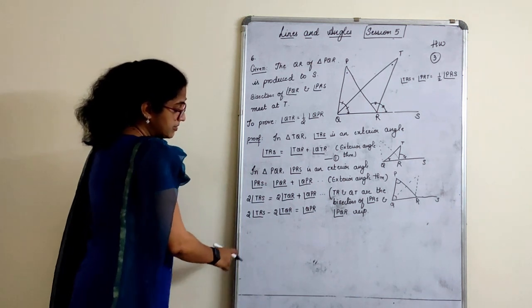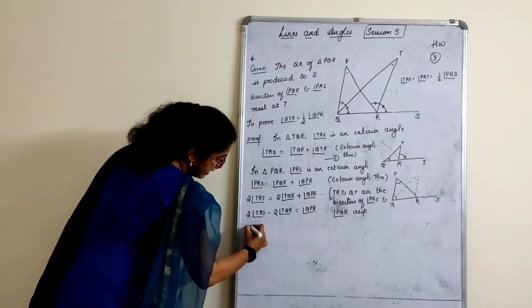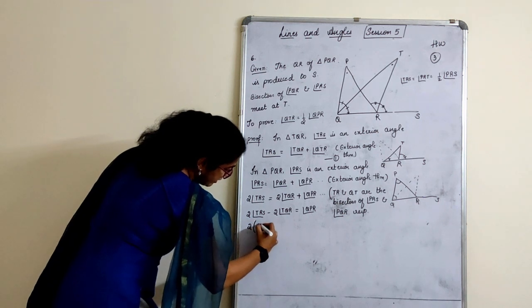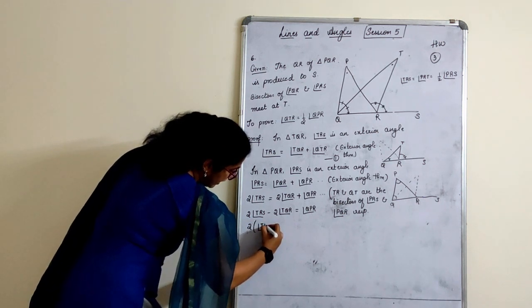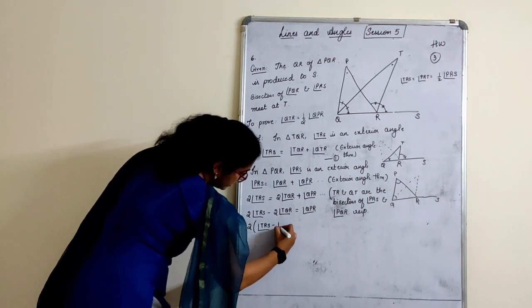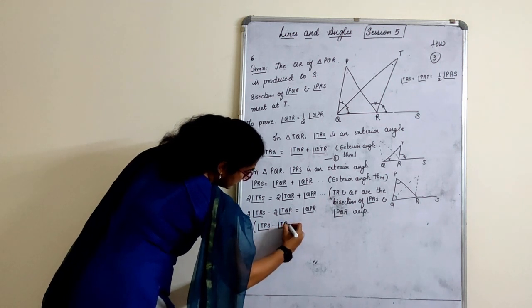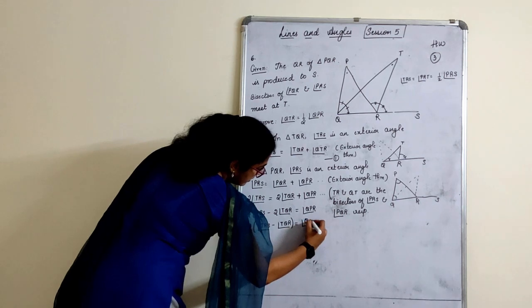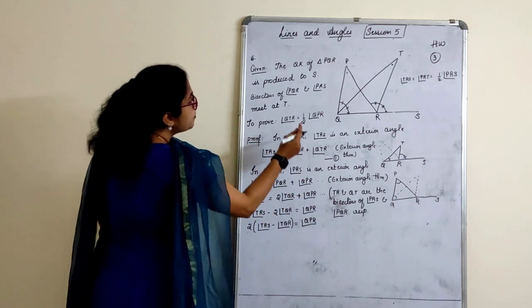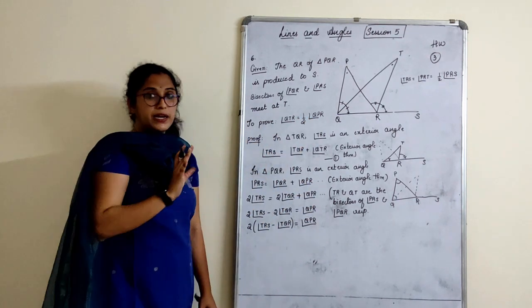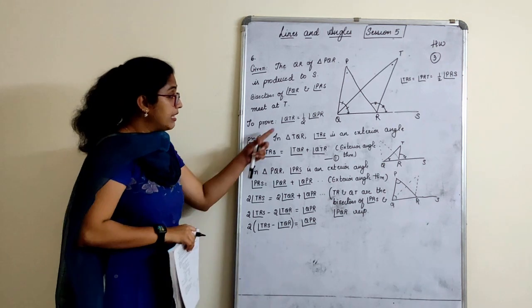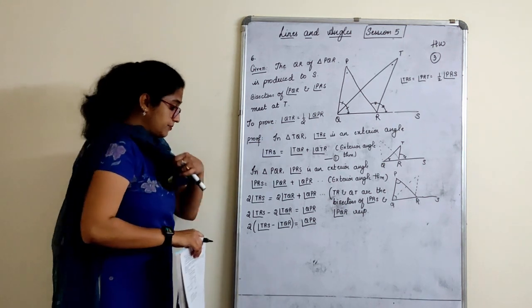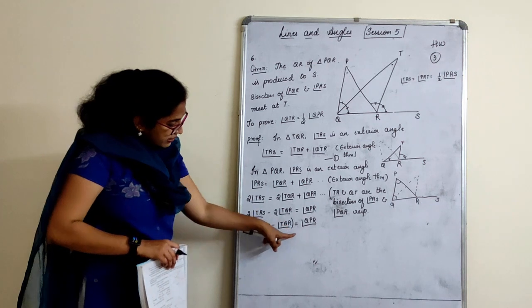Now look at this. Take 2 common. I have TRS minus angle TQR is equal to angle QPR. QPR is already there in the RHS part. That means we are on the right track. Is this very clear till here?